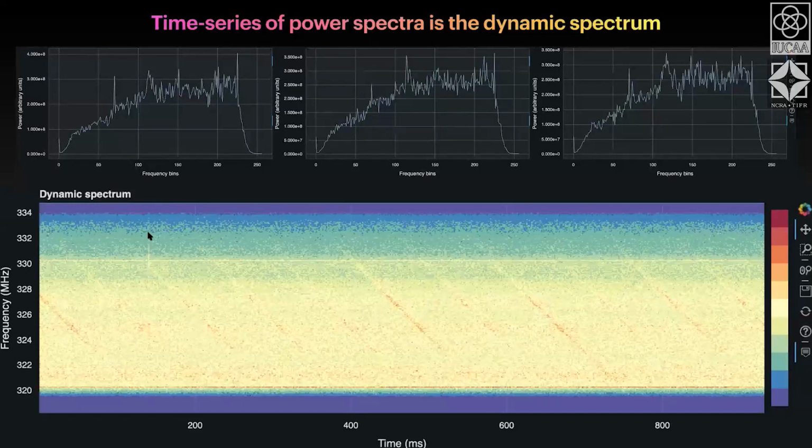These vertical and horizontal narrow lines are all likely radio frequency interference, either from something in the system or from outside that the antenna is picking up. The slanted streaks over here are the repeated signal from the pulsar that we are interested in.